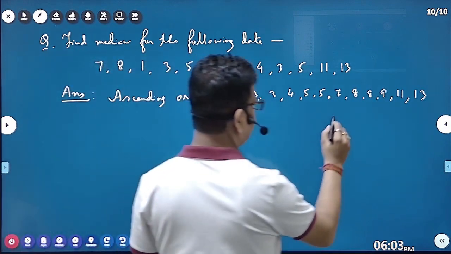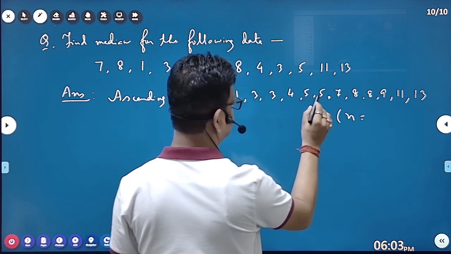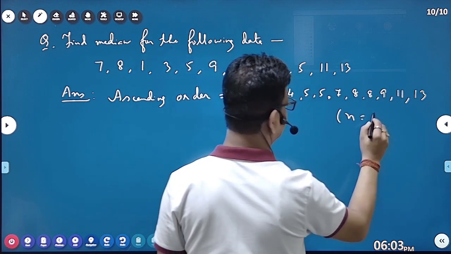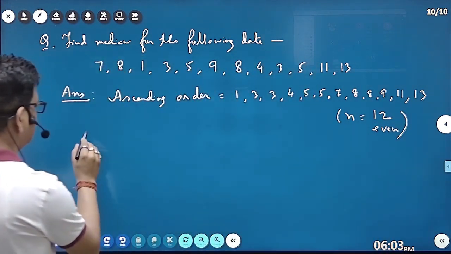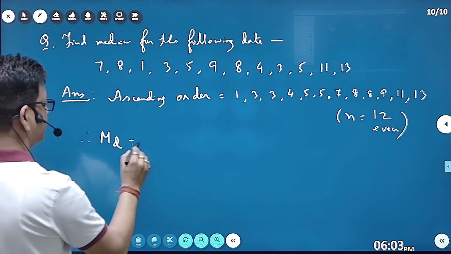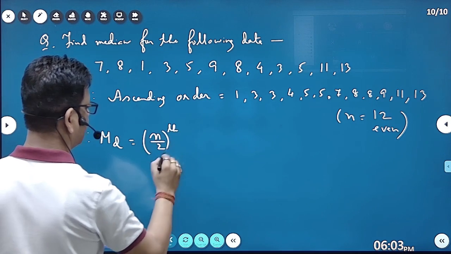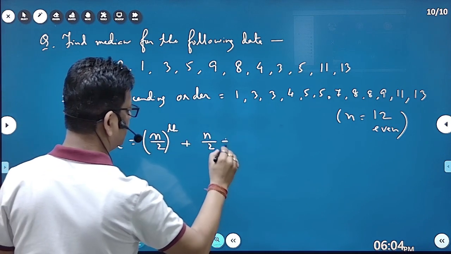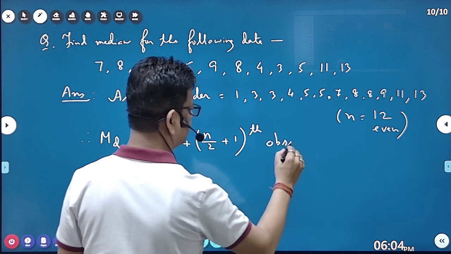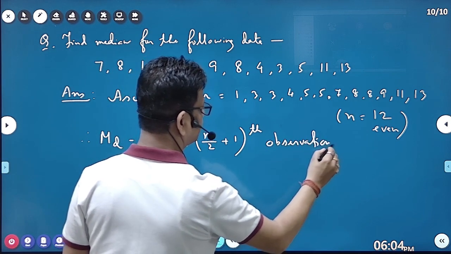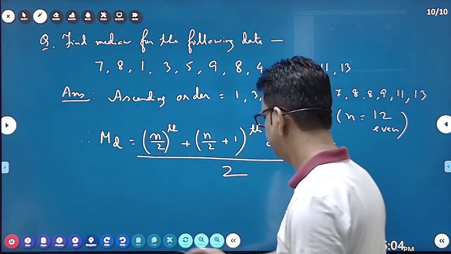Now n will be the number of observations: 1, 2, 3, 4, 5, 6, 7, 8, 9, 10, 11, 12. So 12 is an even number, and we have to use the even formula. Therefore, median equals the n by 2 observation plus the n by 2 plus 1 observation, whole divided by 2.